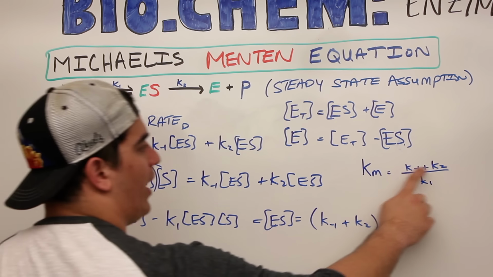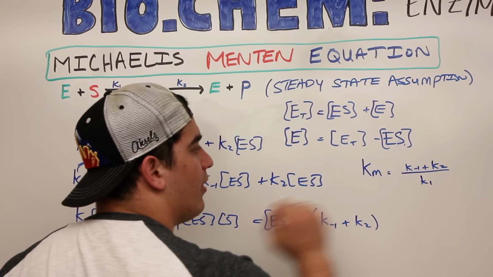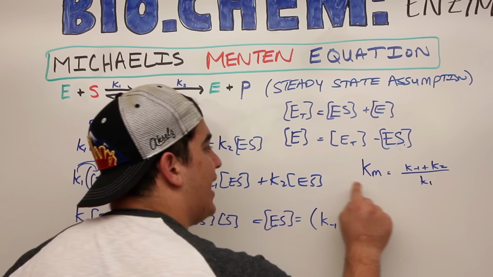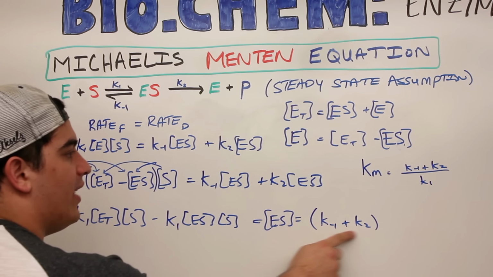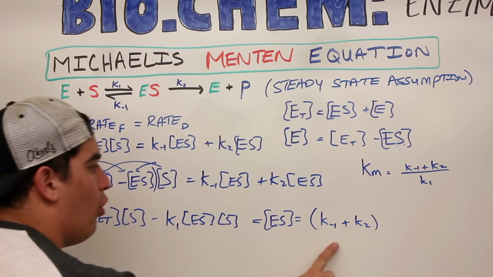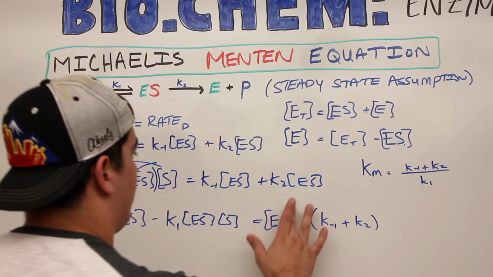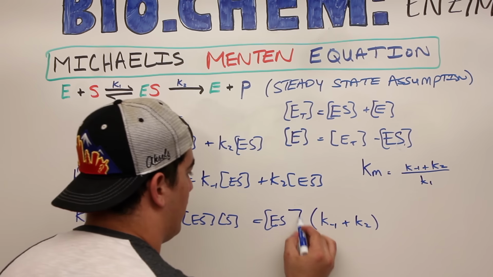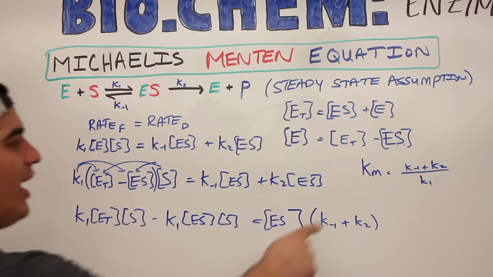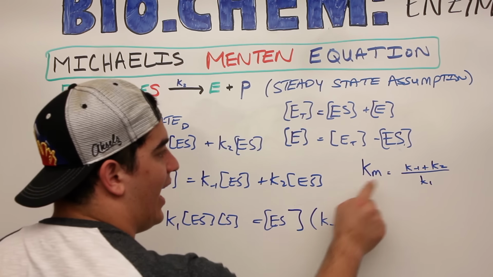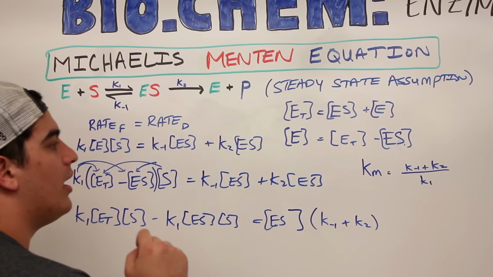So we can say that this is the rate of dissociation over the rate of formation, which is equal to the Michaelis constant. Well, I already have this part. I've got to get K1 over here. Let me get rid of this equal sign here, guys. That doesn't belong there. Let me fix this up a little bit, make it look a little nicer. Okay, so now that we have this Km here, and we have K-1 plus K2 over K1, now what can I do?